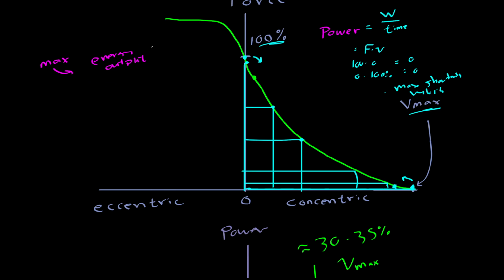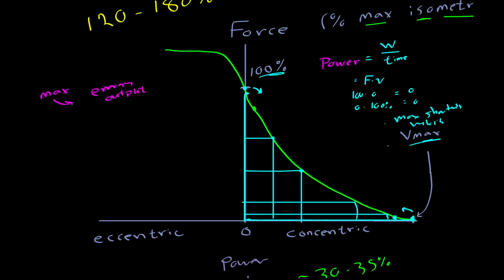Now, there's one more thing that I should talk about because I have the full force velocity curve here, which is what happens over here on the eccentric side. So you might wonder, well, what about if you're up here? Is your power still the product of your force and velocity? So is it this rectangle? And the answer is yes, although with a caveat.